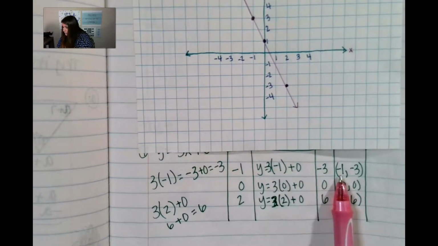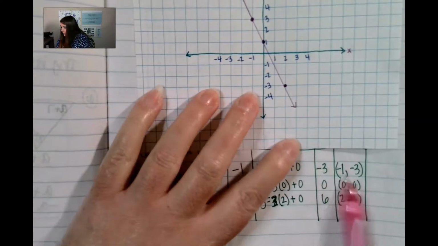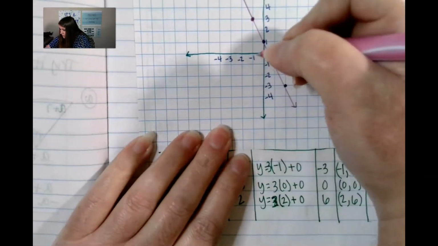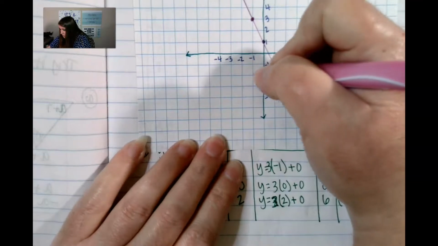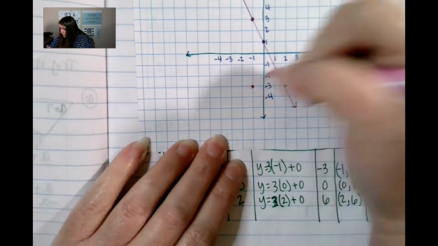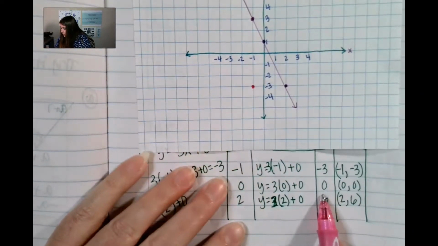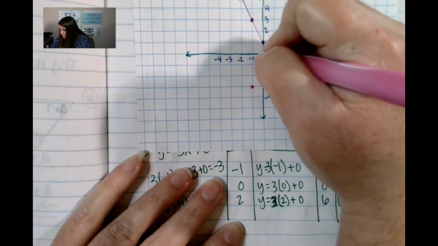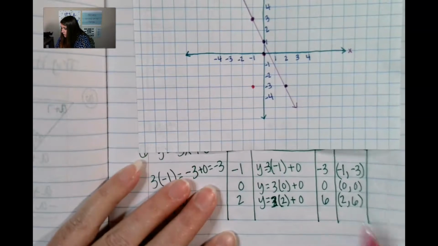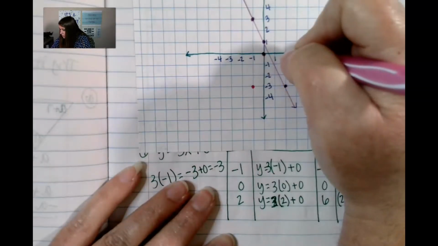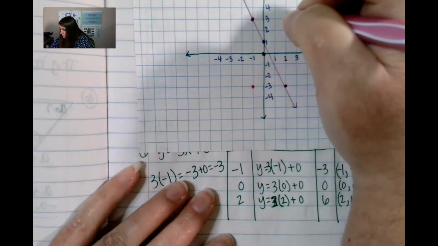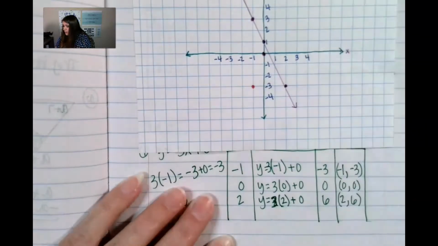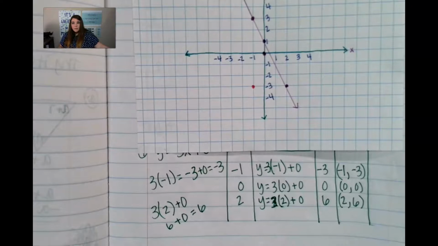All right, so my first plot is -1, -3. So I'm going to start at 0, 0, -1, -3. 1, 2, 3. My second line is 0, 0. Well, 0, 0 is at the origin, and the last dot is 2, 6. So I'm going to go over 2, up 1, 2, 3, 4, 5, 6. Now I need to connect my lines.